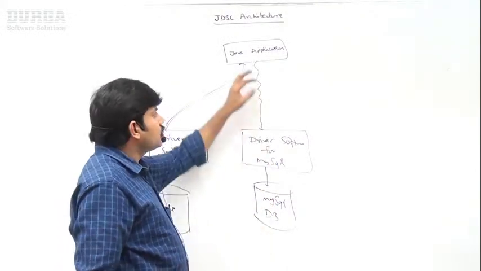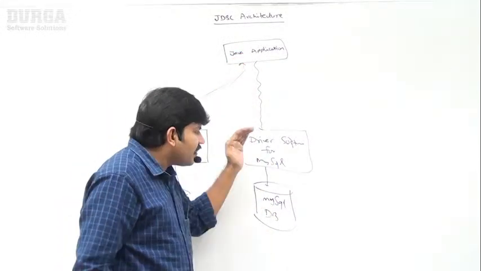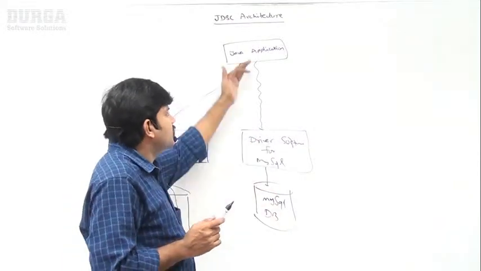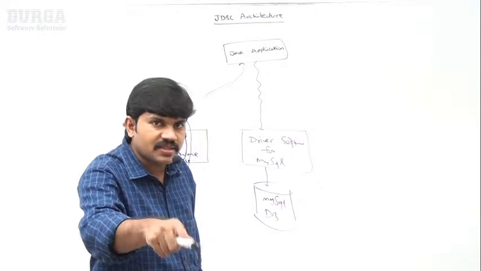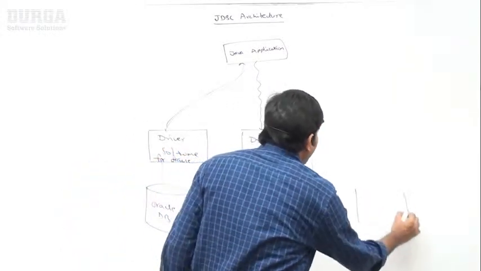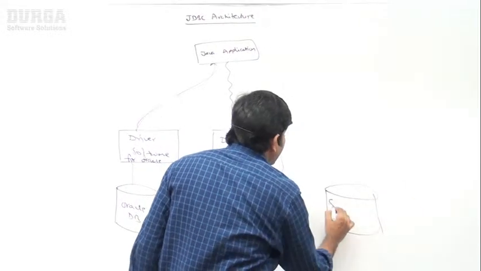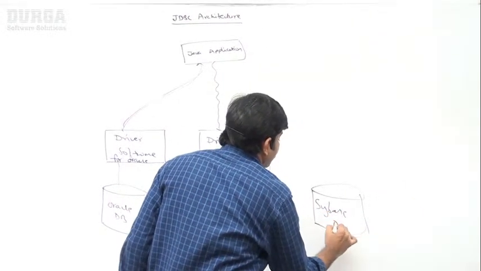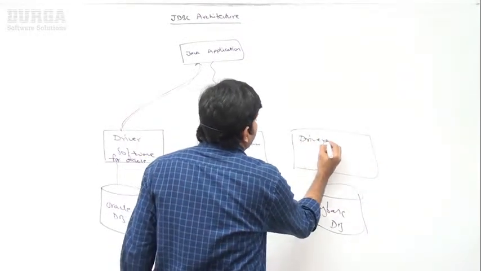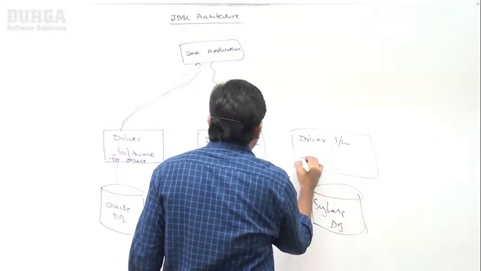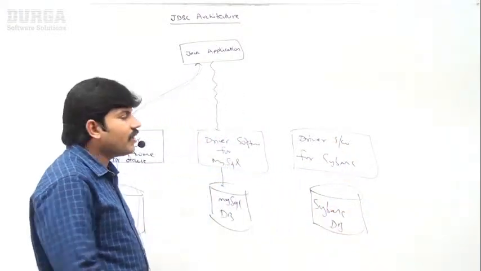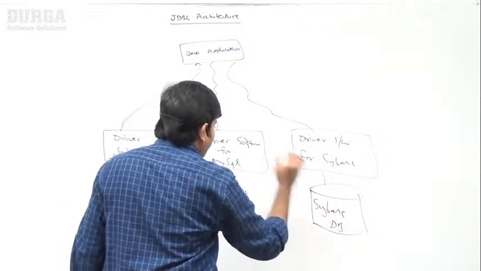So to convert Java calls into database specific calls and back into Java calls, some translator is required, which is nothing but driver software. Similarly, tomorrow I want to communicate with Sybase. Regarding the Sybase database, compulsorily driver software for Sybase must be required.